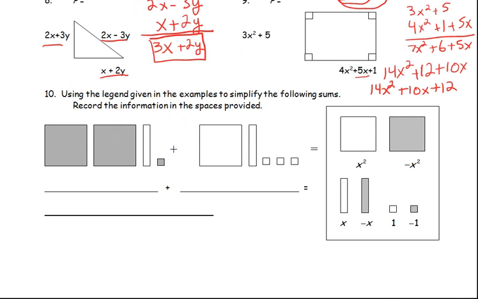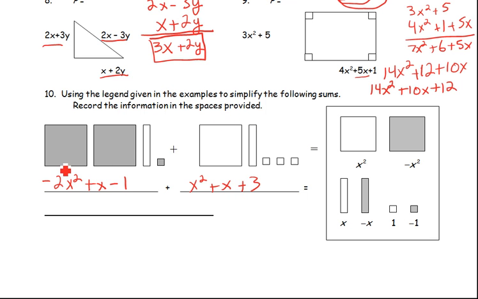Alright, let's look at algebra tiles. Now we've got our x squared algebra tiles. When they're shaded in, those are negatives. So negative x squared means I have negative 2x squared, and then I have a positive x, and then I have a negative 1. Here I have an x squared plus an x and plus 3.